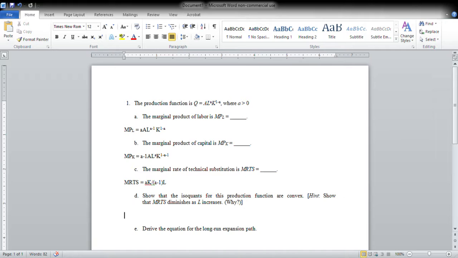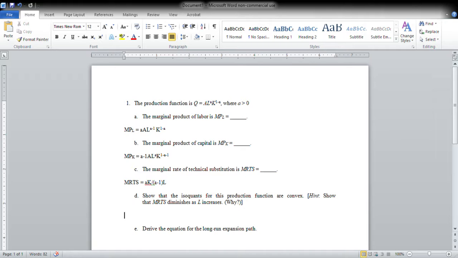Well, we know that increasing our labor will cause our marginal rate of technical substitution to decrease. The reason that's the case is that the marginal rate of technical substitution is a positive number.